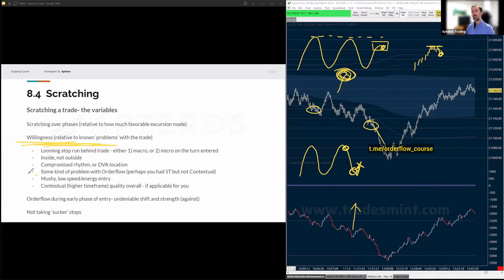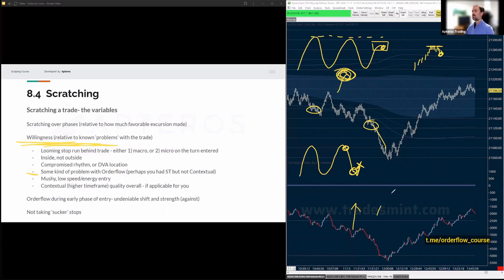If you've got some kind of problem with order flow, perhaps you had a nice little short-term divergence, but you're into delta neutral against you. If all of a sudden you get a strong signal from delta neutral where they respond, remember the other day I was saying, hey, if I did get short there, I'm going to need to see 10K or delta neutral.